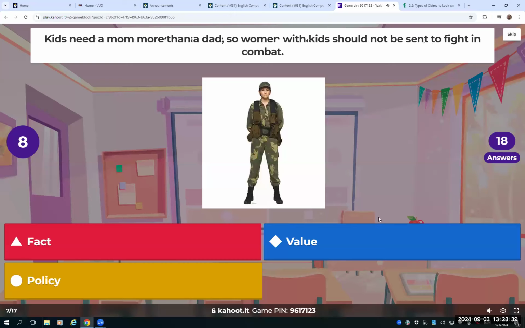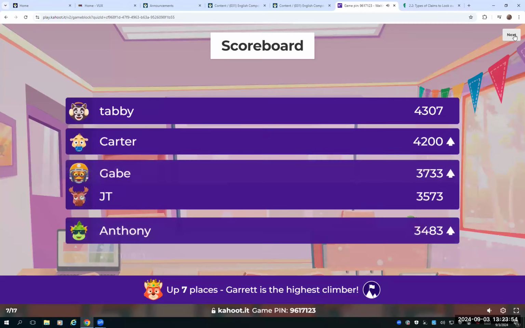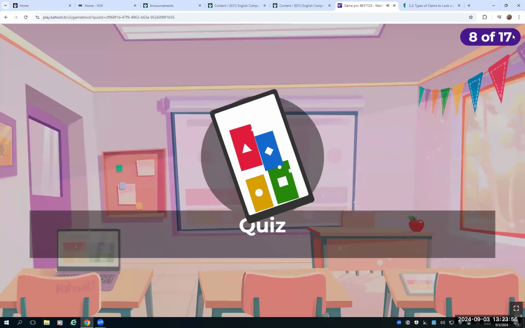We've got that should word in there. It is a policy, claim of policy.